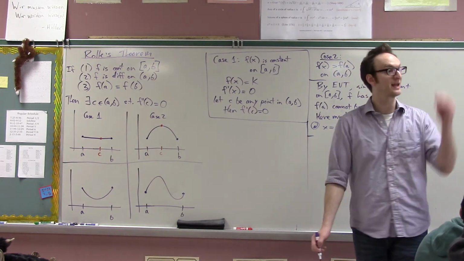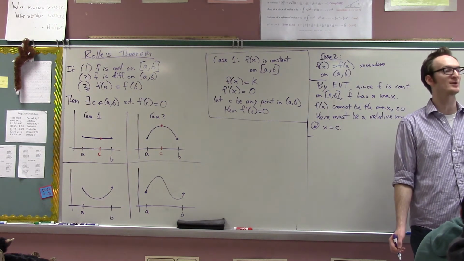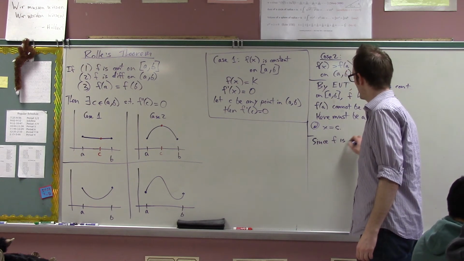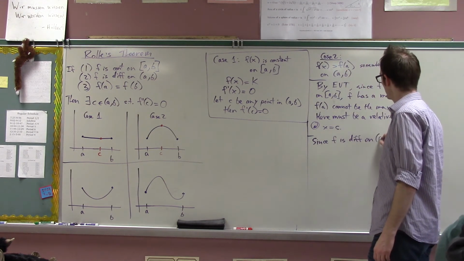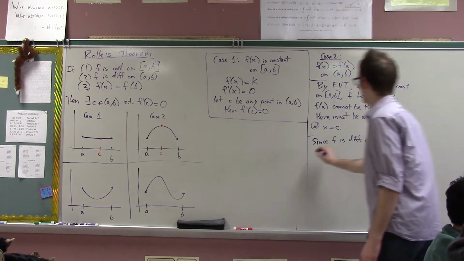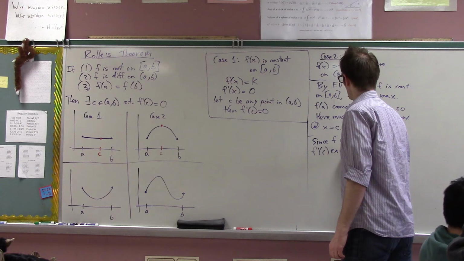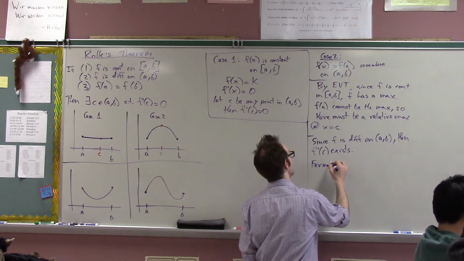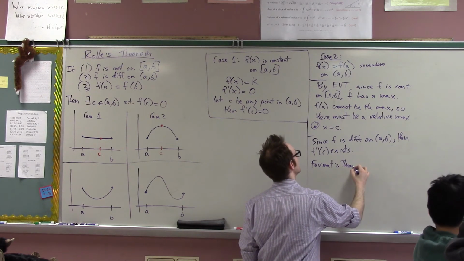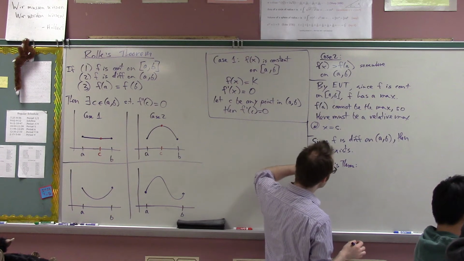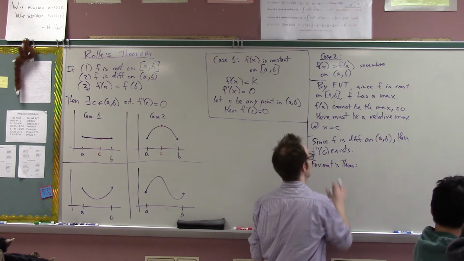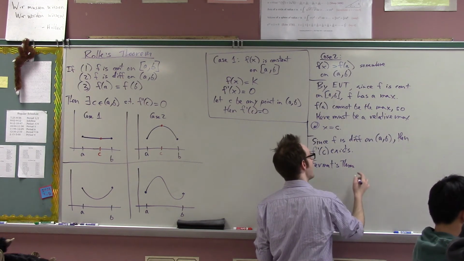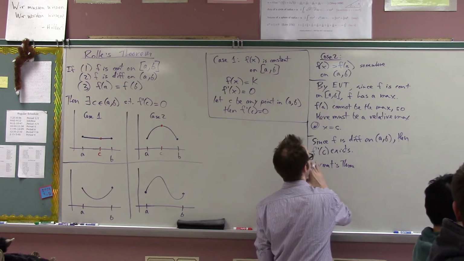It tells me that if I have a relative max and the function is differentiable, then the derivative must be 0. So since f is differentiable on the interval a, b, then f prime of c exists. And now we have Fermat's theorem. Fermat's theorem says that if the derivative exists and there's a relative max, then the derivative must be 0.